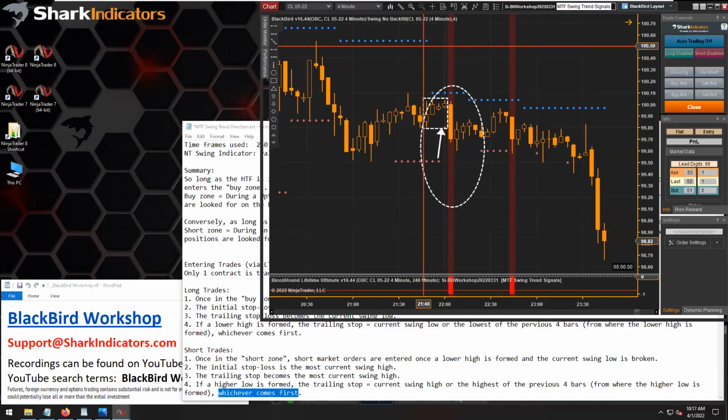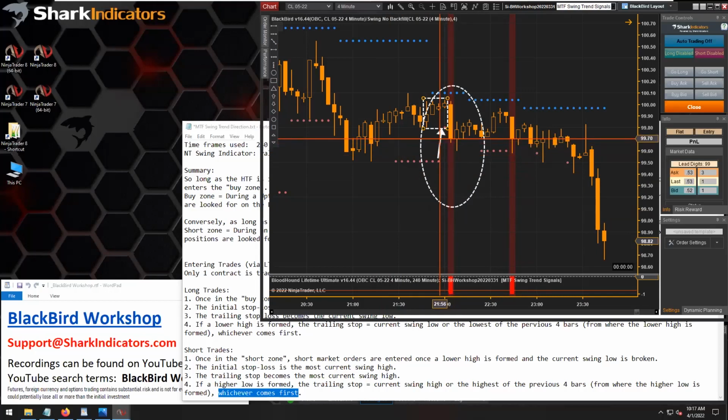And there's always 4 bars that are going to have a highest high, so whichever comes first doesn't really apply because they all exist there.